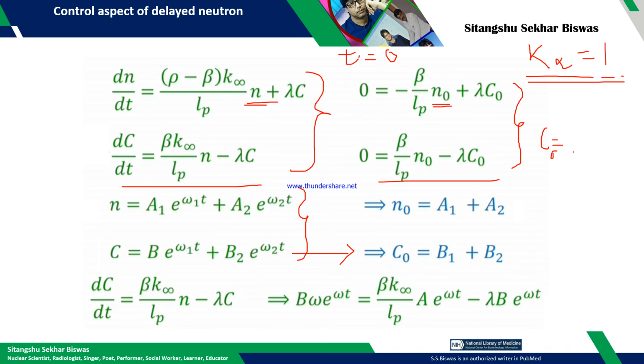So C0 is equal to beta N0 divided by LP lambda. Okay, LP lambda.